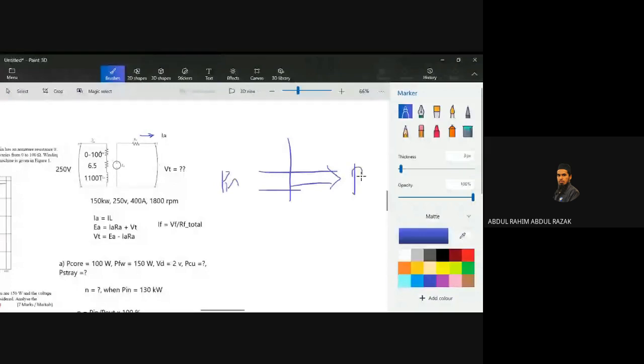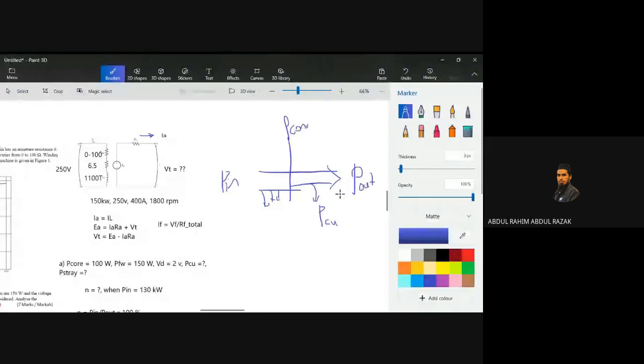P out is your electrical, and electrical has only one loss component, which is P copper. Meanwhile, P in is mechanical, so you have three elements of losses: P rotation, P stray, and P core. Picturing this all together, here is your P converter. Even if you are not requested to draw it, please draw it for your own reference.